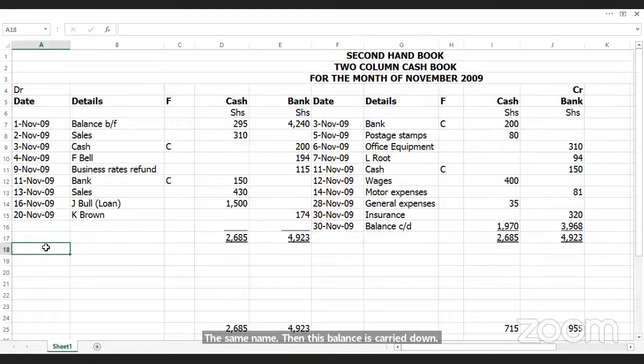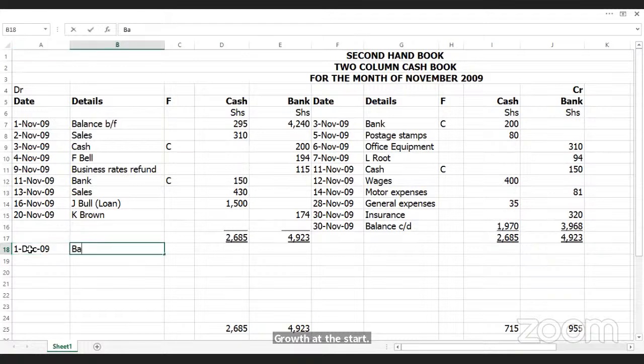The balances carried down are brought forward at the start of the next month. That will be 1st December 2009. So we say balance brought forward.